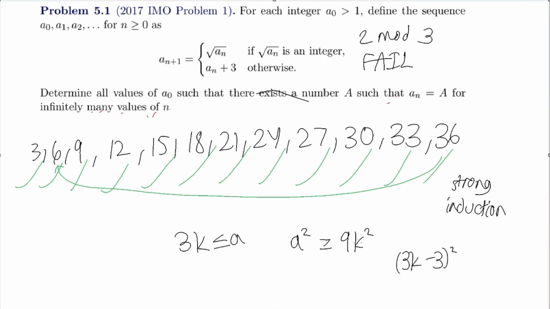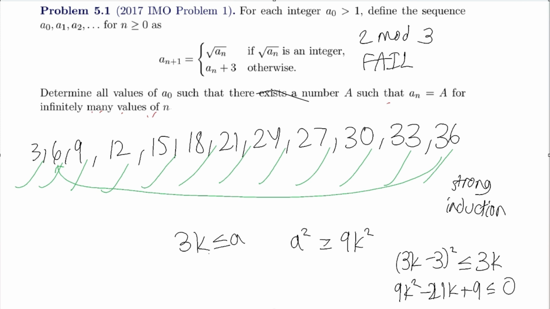But because 9k squared is the smallest one greater than 3k, that means that this is less than or equal to 3k. And we'd expect a similar contradiction to hold. And indeed, we get something like 9k squared minus 12k, or this should be minus, I think, 21k plus 9 is less than or equal to 0.